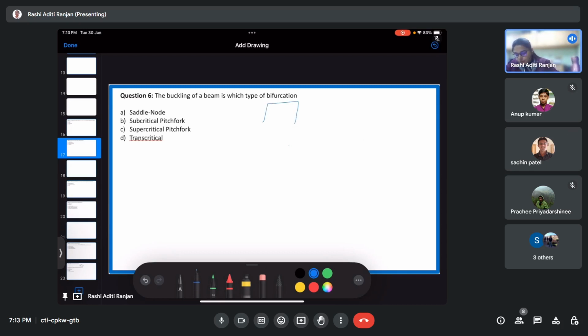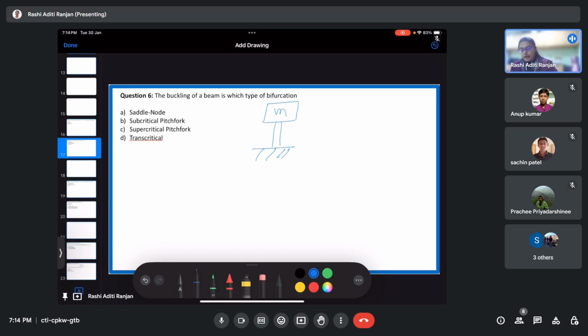There is a formula taught in the strength of materials course that gives the value of the critical load for the buckling of a beam. If the load is greater than that critical load, the beam is going to buckle. So what happens is that the beam is straight initially for a mass small m.